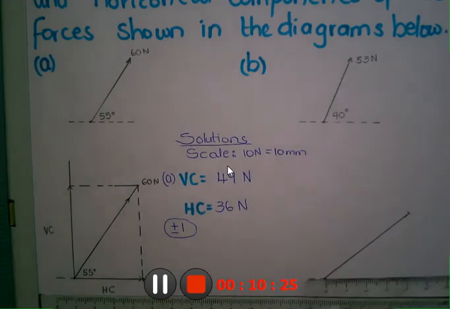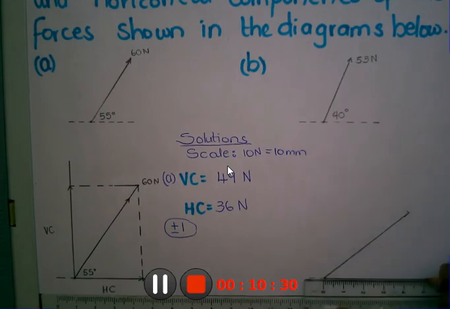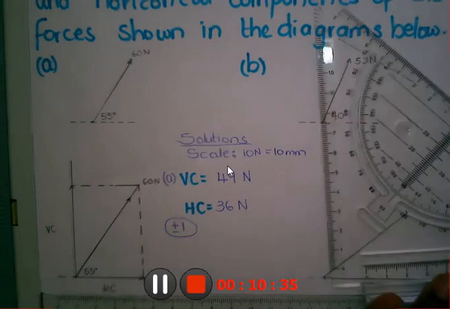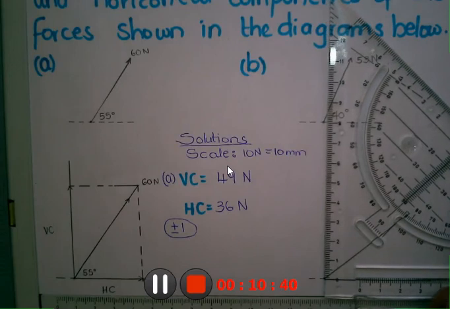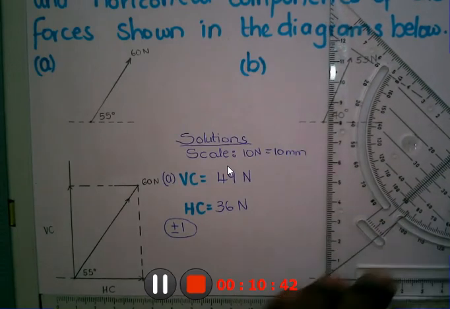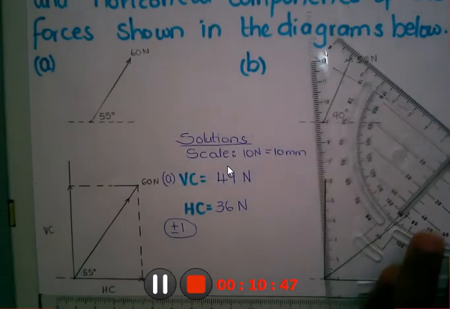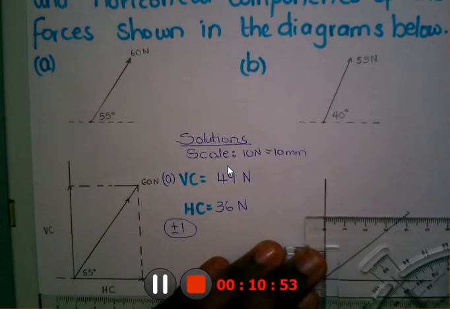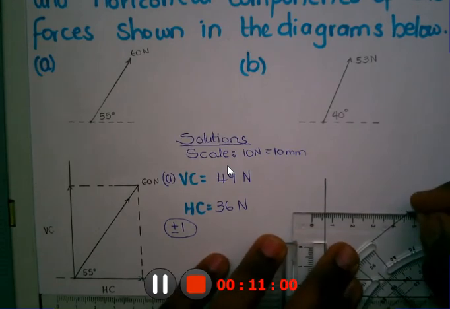You repeat the process. You draw your line that will indicate your horizontal component, and then up you draw the one for your vertical component. Then you join the top of your given force, making sure that the angle is 90 degrees.